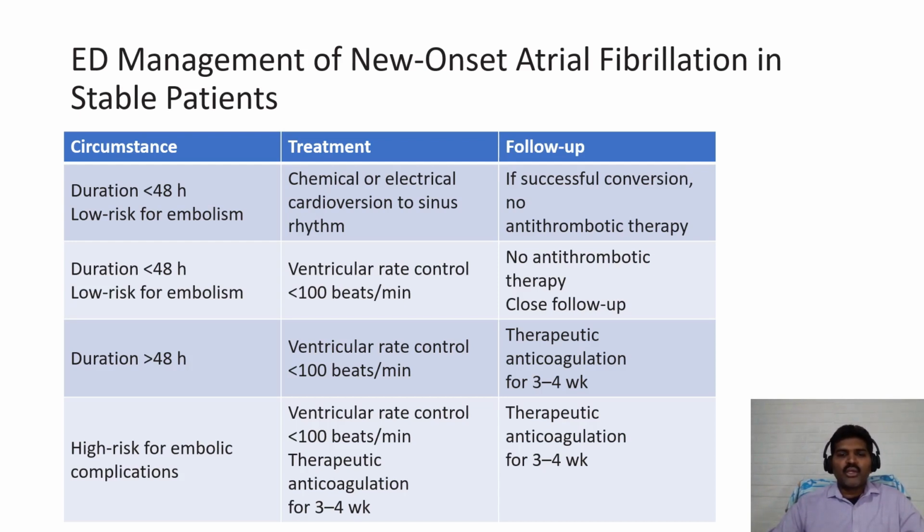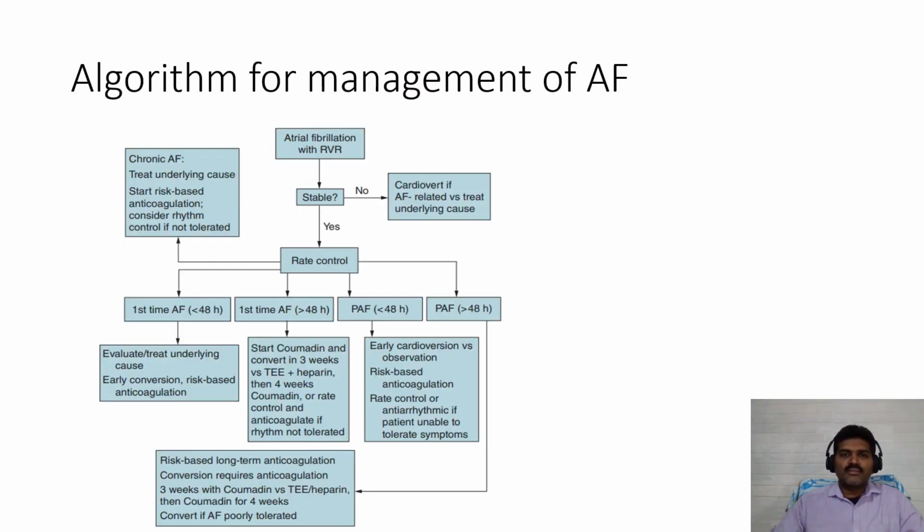Algorithm for management of AF, atrial fibrillation with fast ventricular response. If the patient is stable, you go with rate control. If the patient is unstable, you can go with cardioversion depending on your CHADS2 or CHA2DS2-VASc scores.